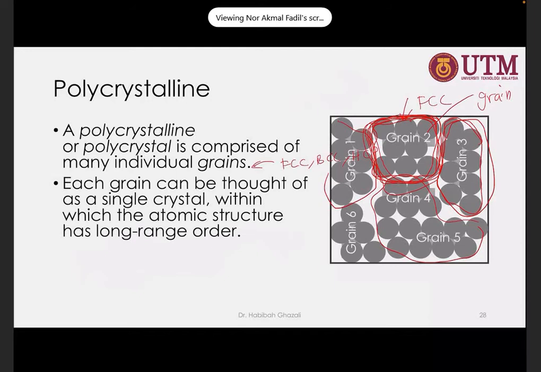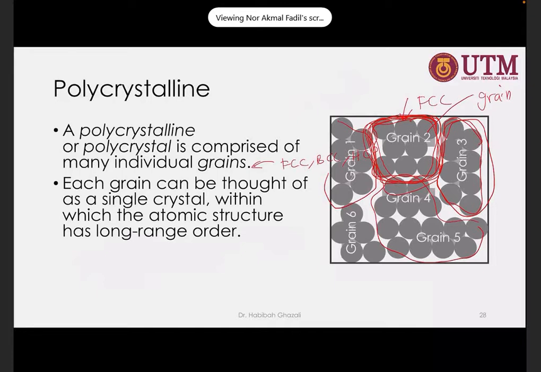Okay, so each grain can be thought of as a single crystal within which the atomic structure has long range order. Okay, so I am saying, meaning it is not only 10 or 12 atoms or crystal structures, it is very long.